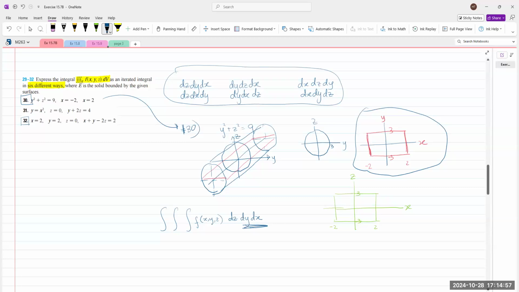The x will be from -2 to 2, the y will be from -3 to 3, and for each xy coordinate that I choose, I will shoot from the bottom. I will hit negative square root of 9 minus y squared, up to square root of 9 minus y squared.